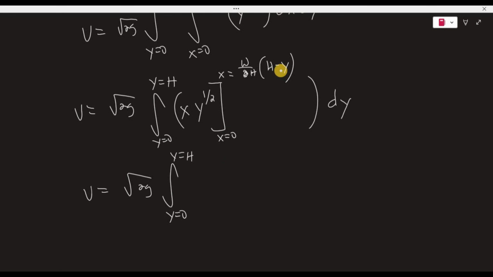plugging in the upper limit. So we have w over 2h times (h minus y) times y to the 1/2, and then minus, if x equals 0, then this is 0, and then dy.